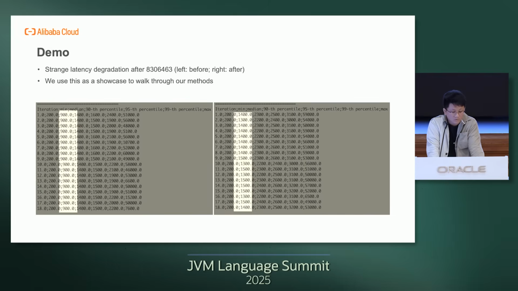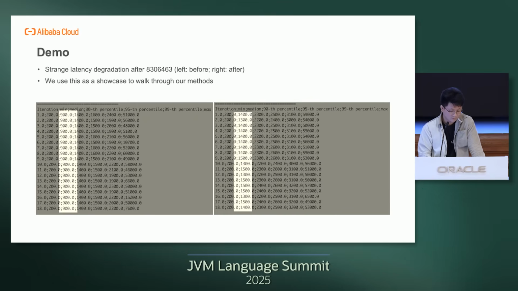So next, I'm going to jump into our demo and hopefully explain our approach and what difference it can make. Our demo is taken from an issue I came across on SpecJBB. There's a strange latency degradation after a certain patch.